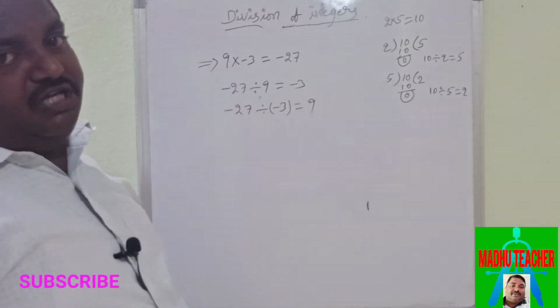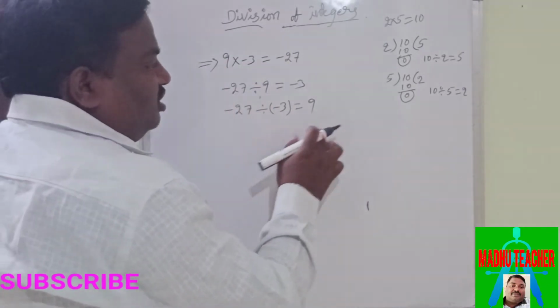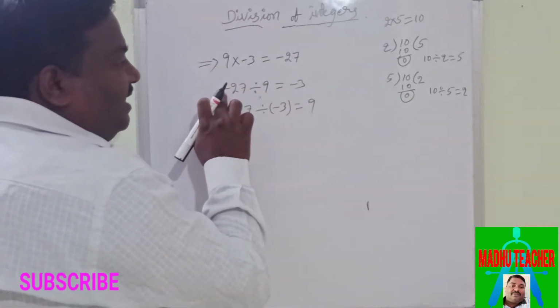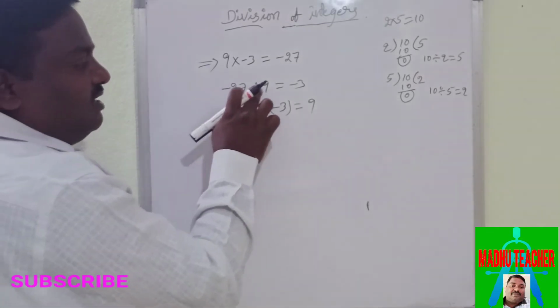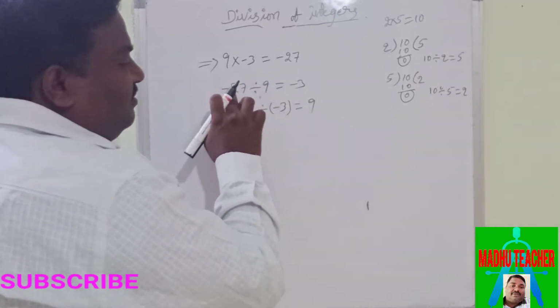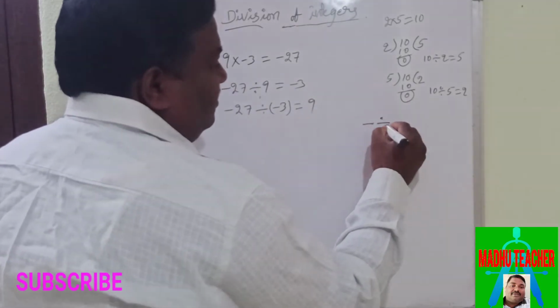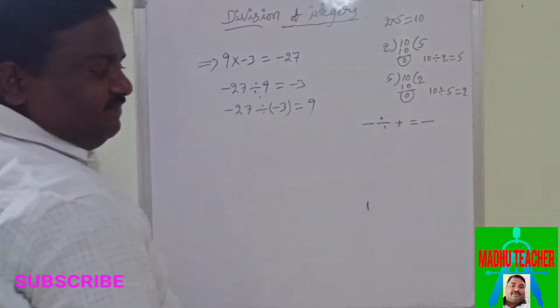So here, by observing these two, we can conclude that -27 has minus and 9 has plus, so minus divided by plus equal to minus.